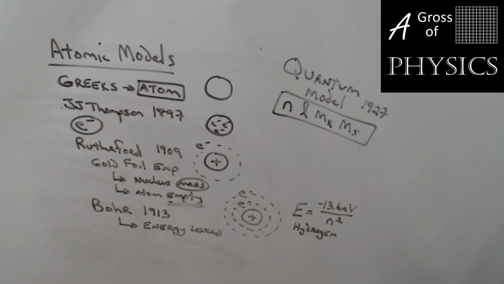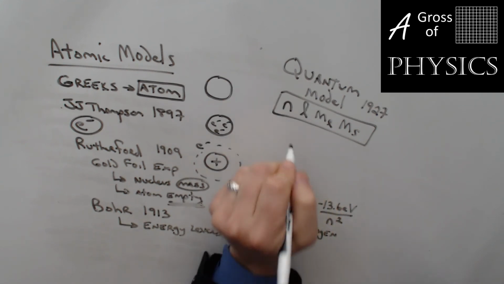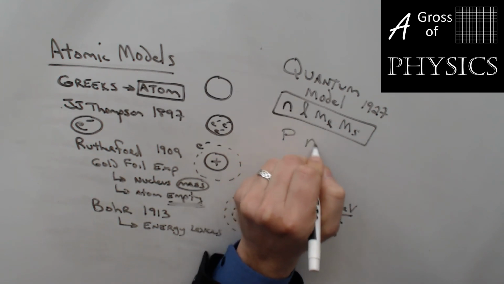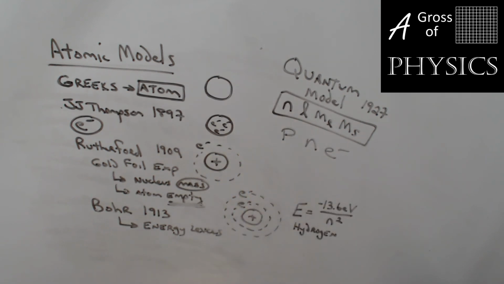We're still understanding the atom better today, and we're finding that the subatomic particles, the proton, the neutron, and the electron, are not the smallest building blocks of matter. In fact, it's made up of even smaller things that we call the quark. And we'll discuss that in a later day. But for today, here's the atomic model and a brief outline of the history from the Greeks up to the quantum model.